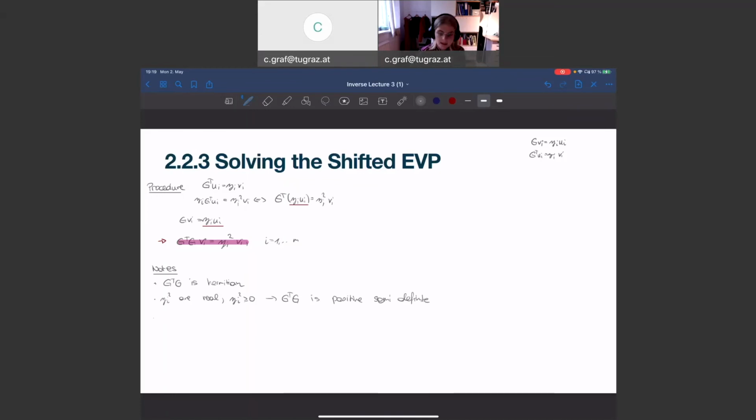We can define a matrix notation once again. It says that T transposed T V equals V times M, whereby V contains the eigenvectors and M contains the eigenvalues.